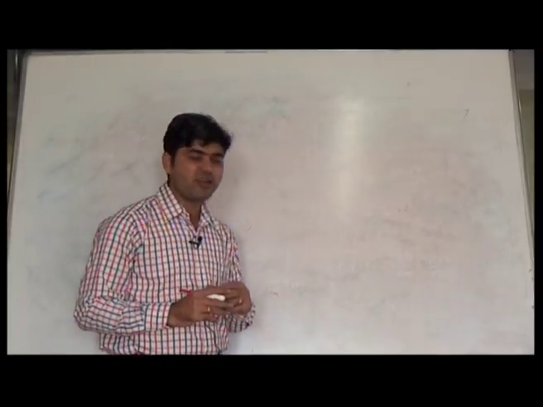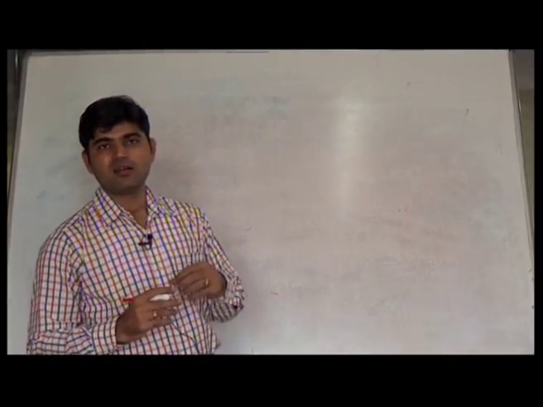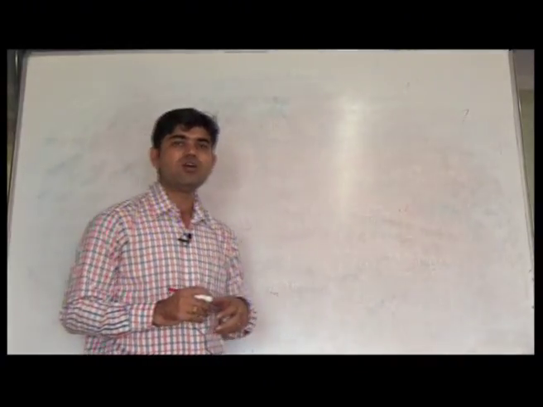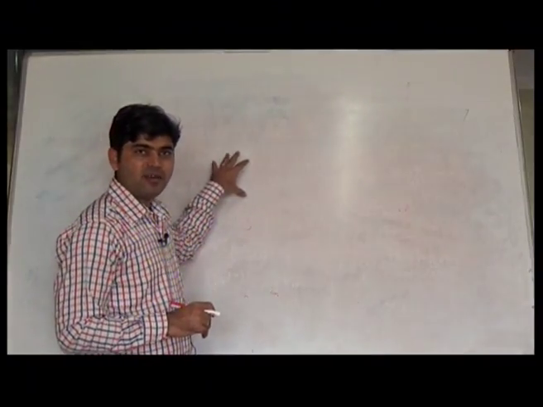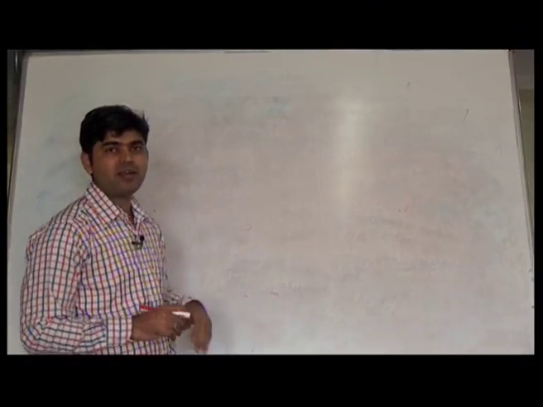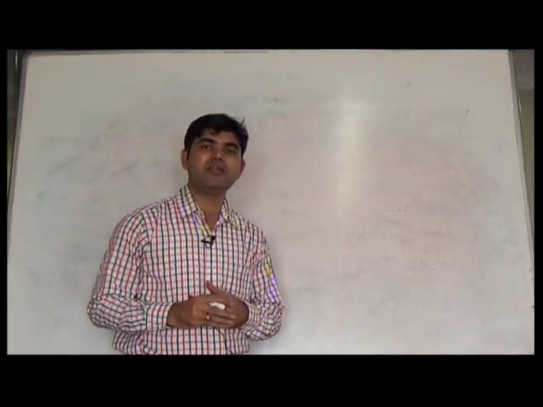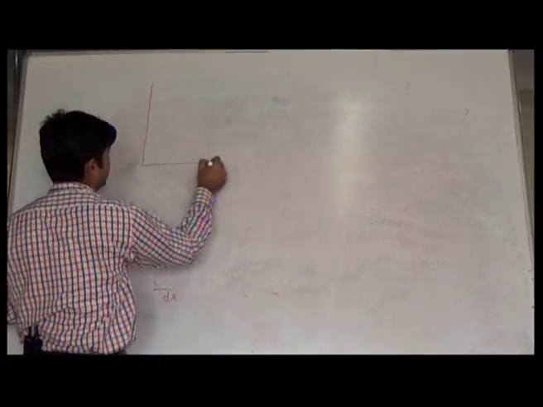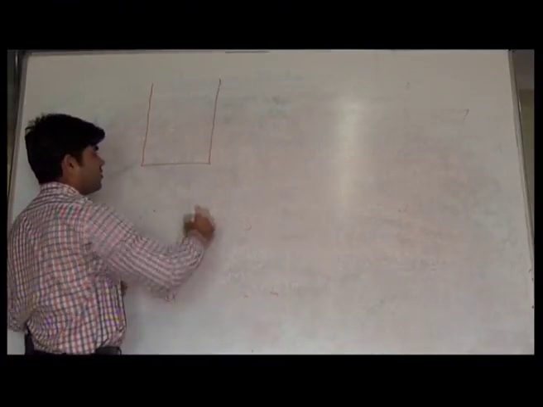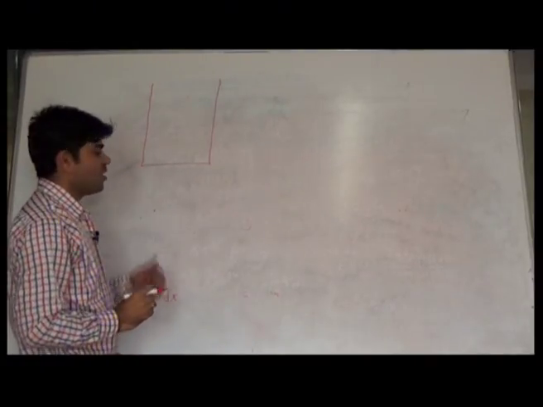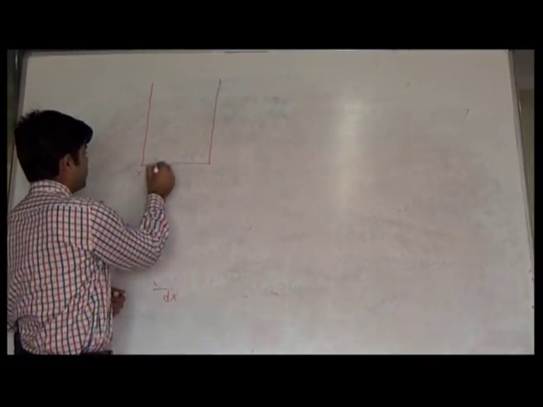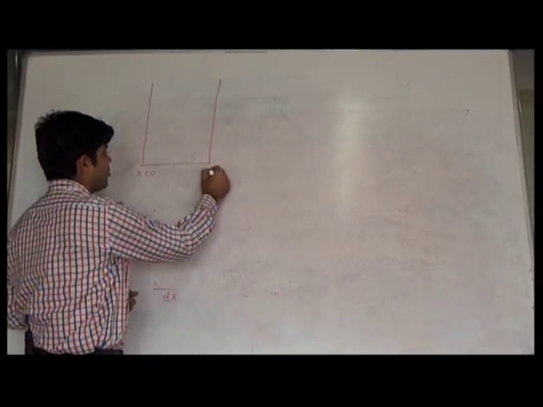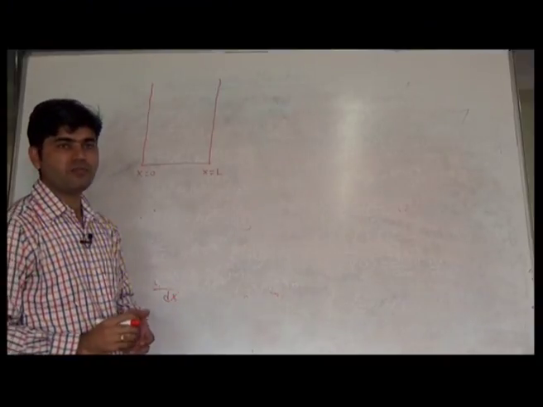That application is calculating the eigenvalues for a particle in an infinite well in one dimension. We can represent a one dimensional infinite well like this. x is equal to 0 is the starting point of that well and x is equal to L is the end point of that well.